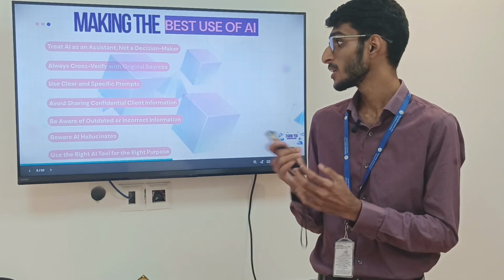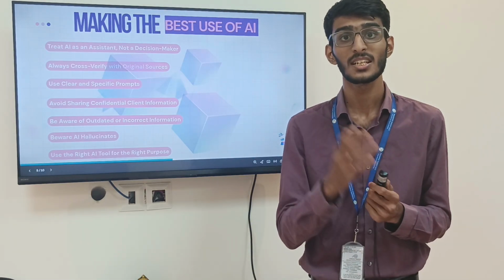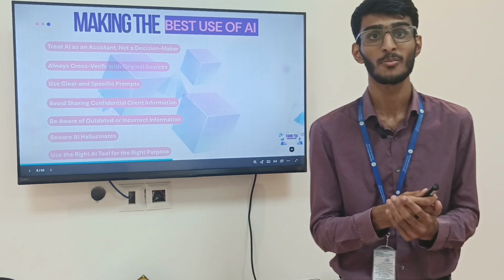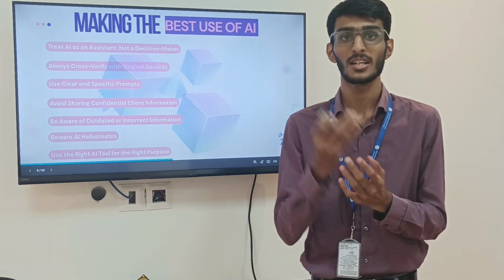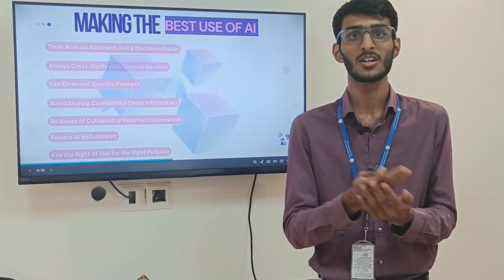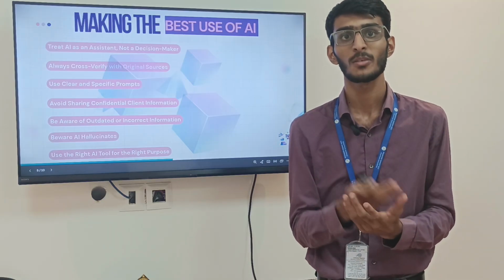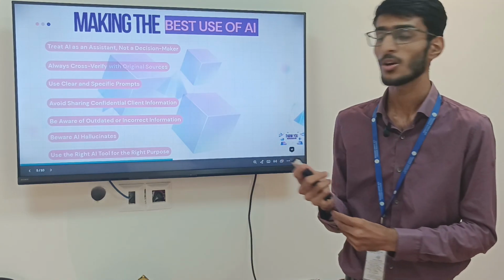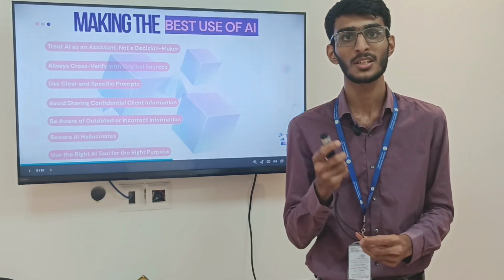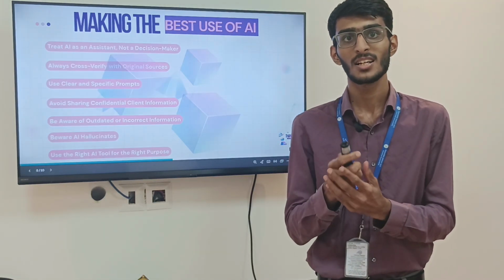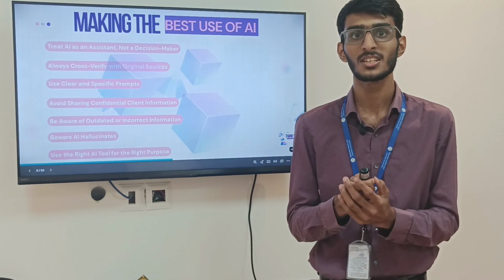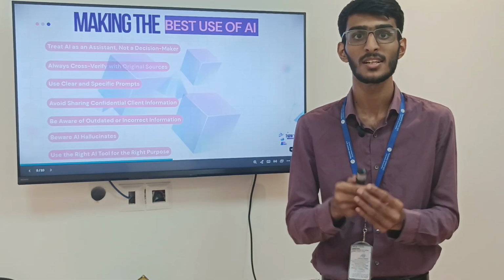Then we must also be aware if we are using any incorrect or outdated information. Let's say our finance bill changes year on year, so we cannot rely on something which is a year or two old. We must look at the latest one. We must always check whether the AI is responding with the latest data, accurate data, and the most relevant data.